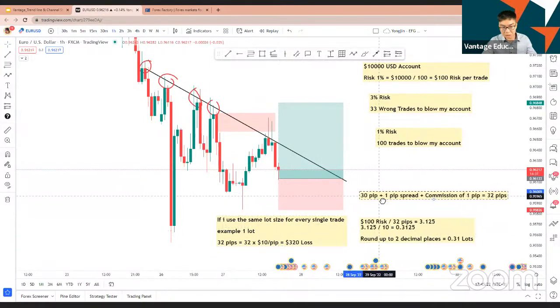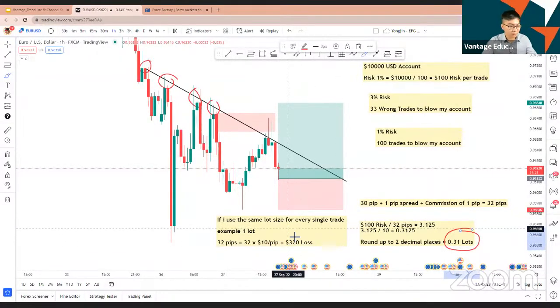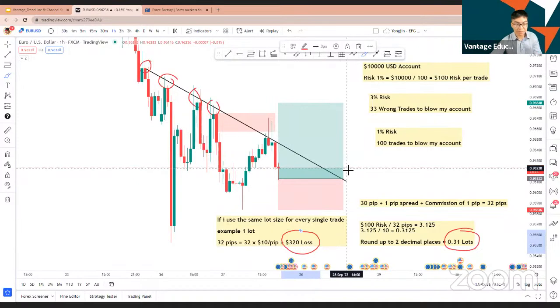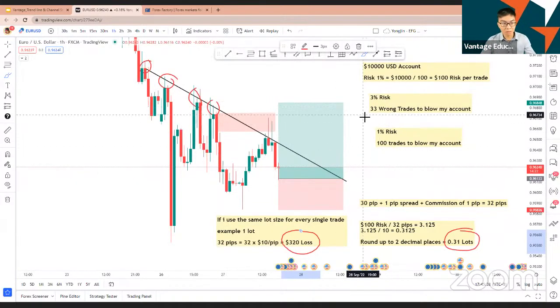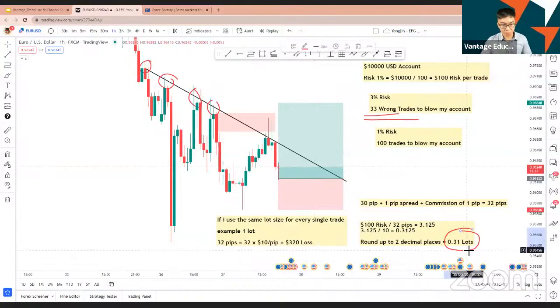With risk management of 1%, I will only lose a maximum of 1%, instead of this $320 loss, which equals 3.2% of my account. As I mentioned, 33 wrong trades and I blow my entire $10,000 account. Risk management is very important. So I really stress to you guys, please try out risking only 1%.